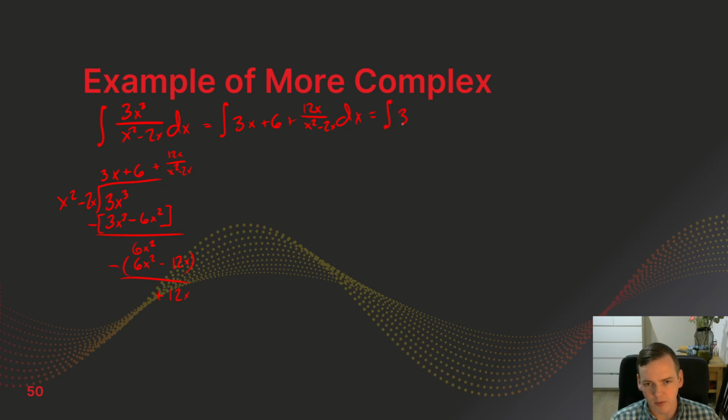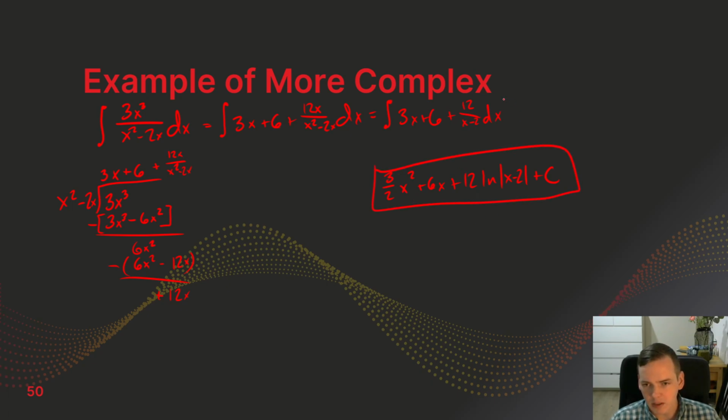We get the integral of 3x plus 6 plus 12 over x minus 2. So sometimes if you use long division, it'll clean up quite nicely like this. And then if we integrate that, the 3x will give us 3/2 x squared plus 6x plus 12 ln of absolute value x minus 2 plus c. So that'll be our answer.